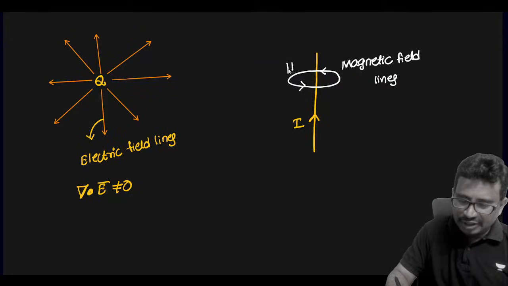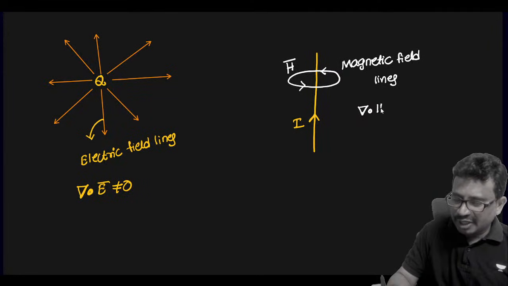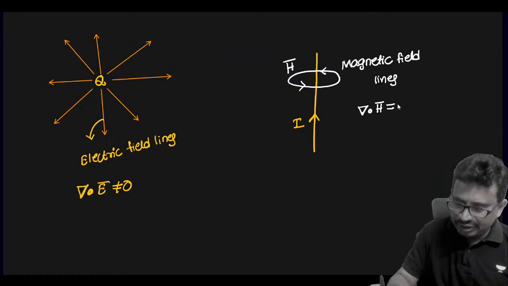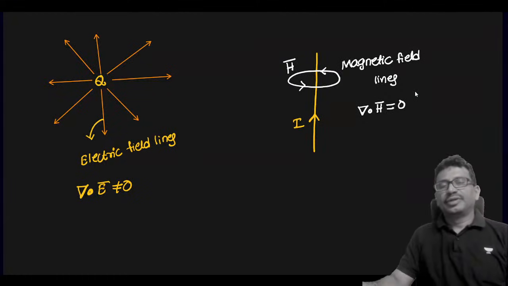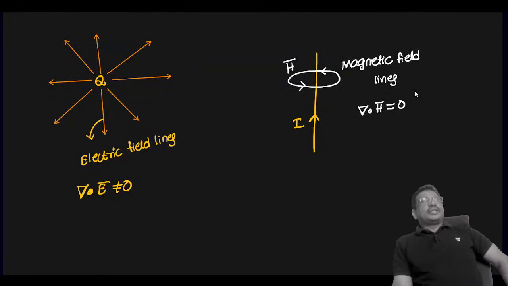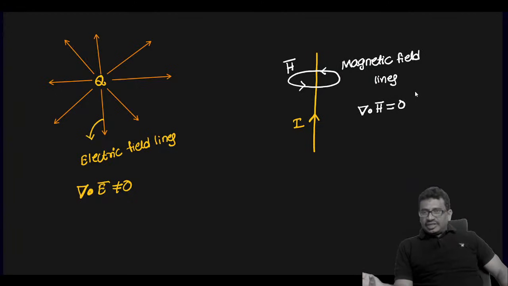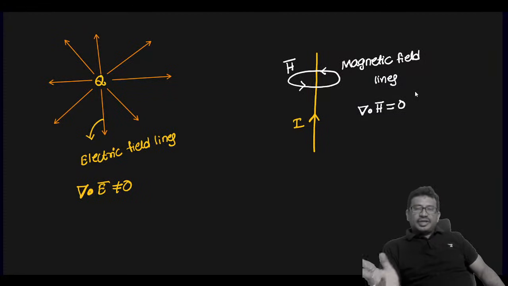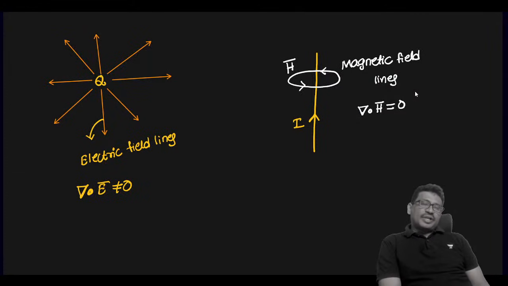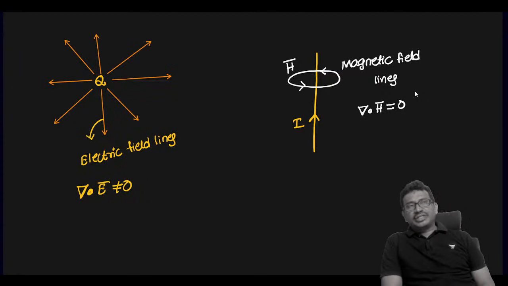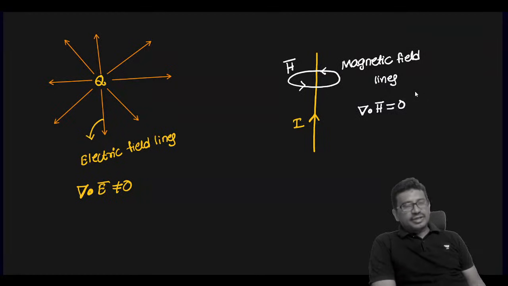No, they are not of a leaving nature. So that's the reason the divergence of the magnetic field is equal to 0. Here the electric field lines are a diverging field, that's why the divergence of the electric field is non-zero. But the magnetic field is not of a diverging nature, so the divergence of the magnetic field is 0.